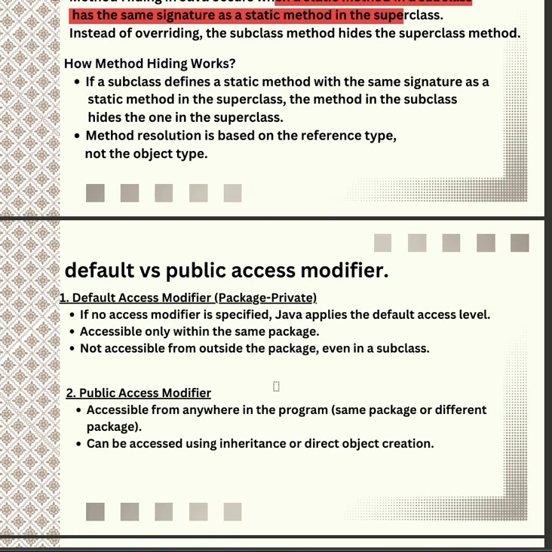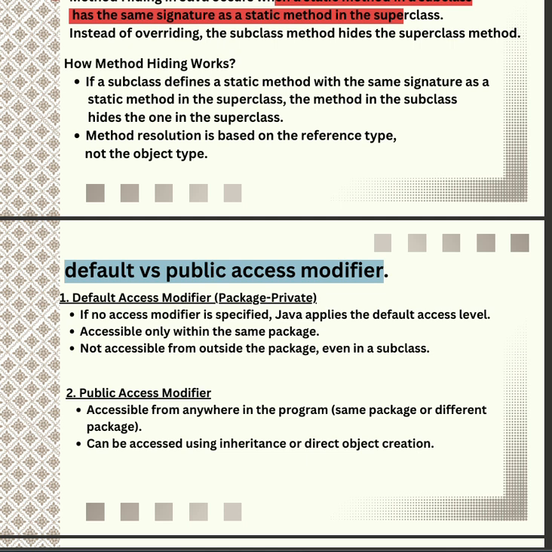Now moving to the next question, and the next question is the difference between the default and the public access modifier. In Java, access modifiers define the visibility of classes, methods and variables.